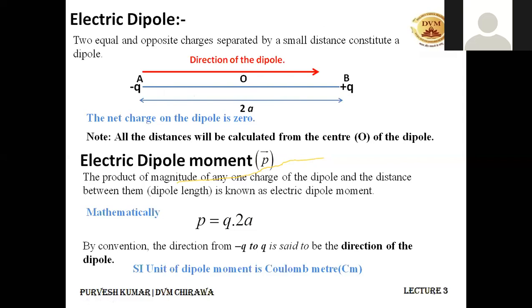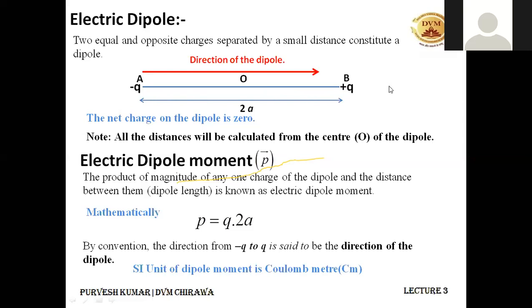So please note, the axial point is the point which lies on the axis of the dipole. The line joining the two charges of the dipole is known as the axis of the dipole. Here AB is the axis. So the point of interest, on which we need to find the electric field, will be lying somewhere over here towards the negative charge on its axis, or somewhere over here towards the positive charge.